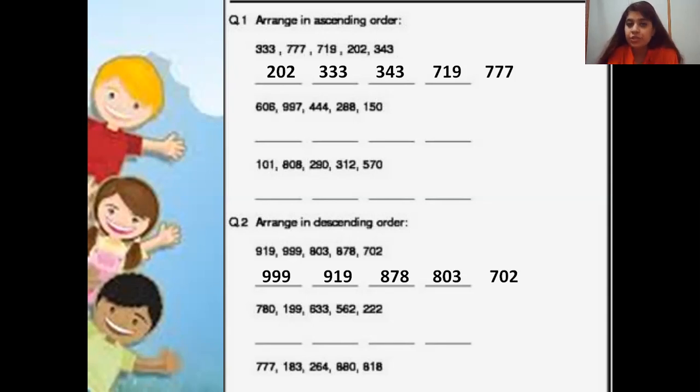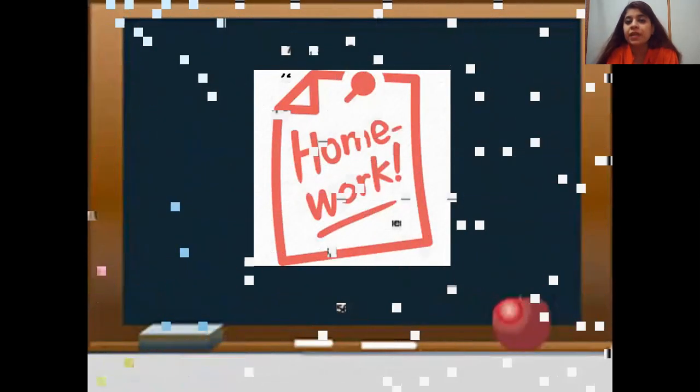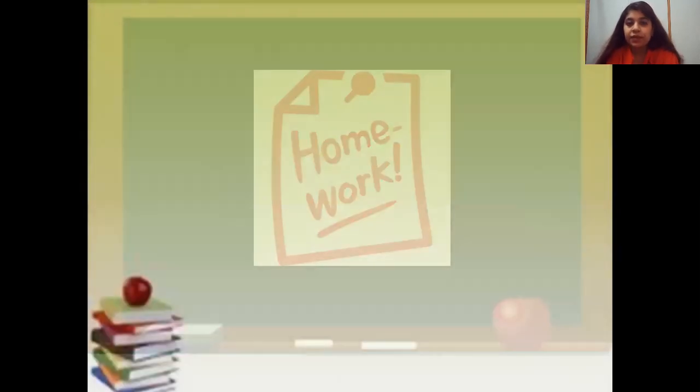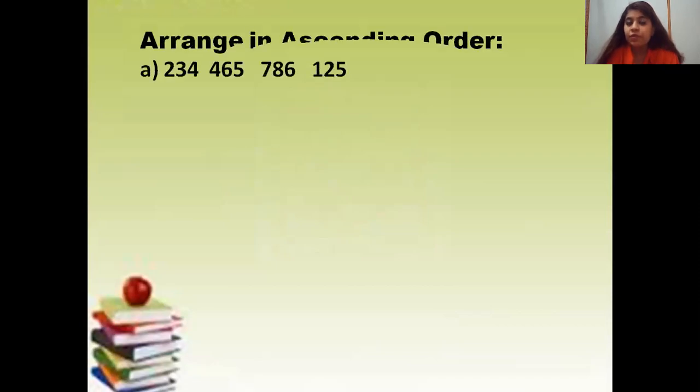Now you will do the rest of the questions on your own and show it to somebody who's sitting next to you or who is teaching you, or maybe your parents. Okay. I also have some homework for you, and you'll do this homework in your notebooks. I'll send these slides on the Snap homework. You have to arrange in ascending order.